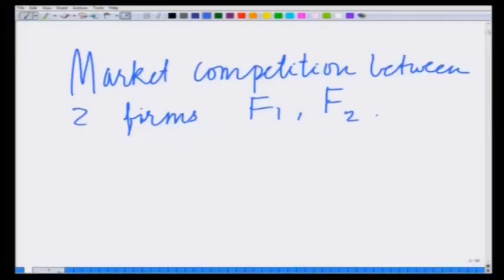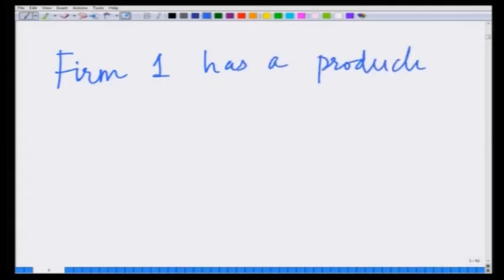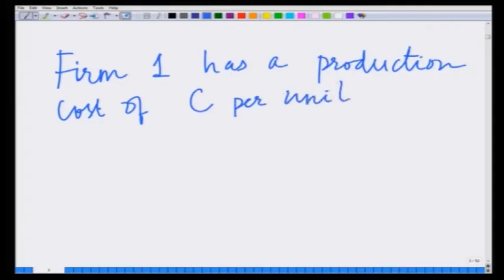However, now let us introduce uncertainty into this game in terms of the uncertainty in the production costs of firm 2. So, let us say that firm 1 has a production cost of C per unit.